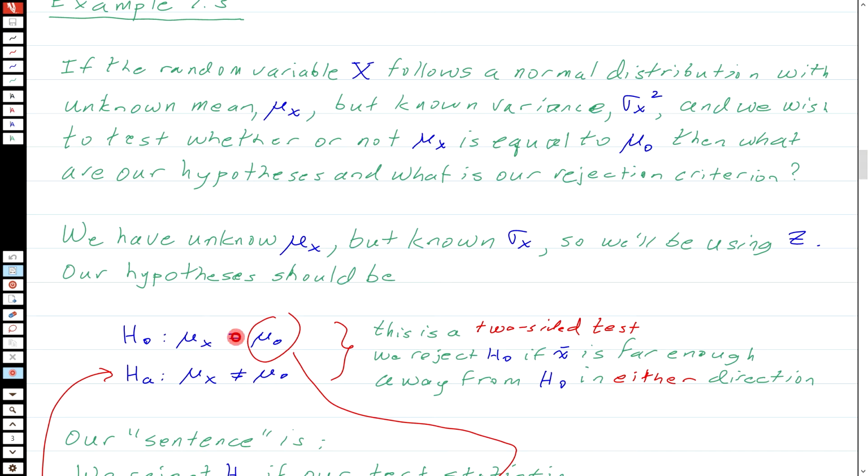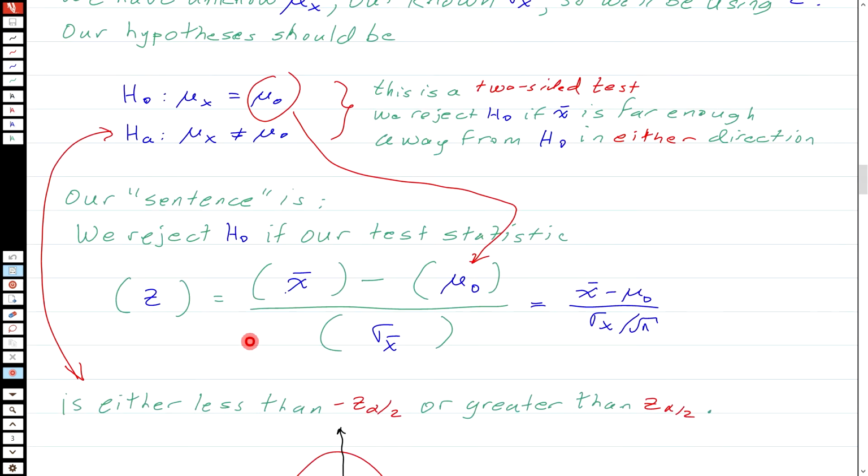If we fail to reject H naught, we say that mu x could be equal to mu naught, but more importantly, if we do reject H naught, then we conclude that mu x is not equal to mu naught. And this is now a two-sided test because we're going to reject H naught if we're far enough away either in the positive direction or in the negative direction. Okay? So our sentence becomes the following. Reject H naught if our test statistic, something equals something minus something over something.